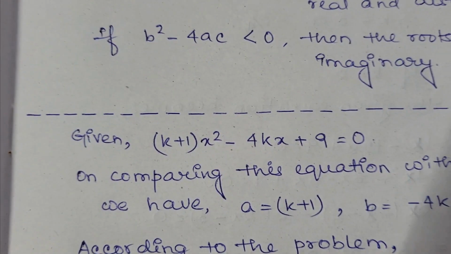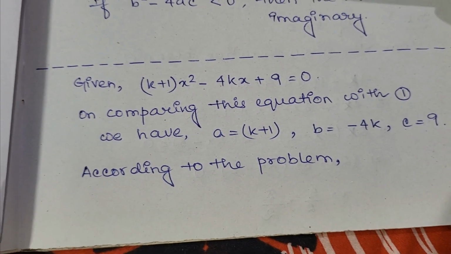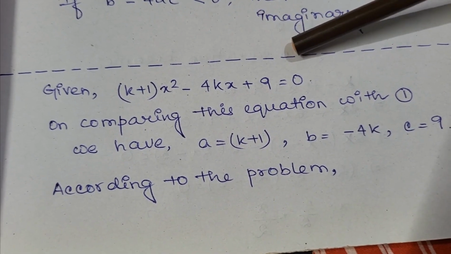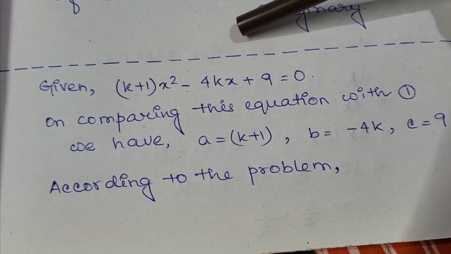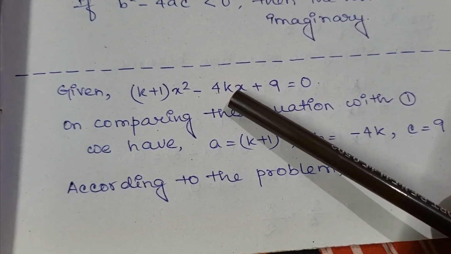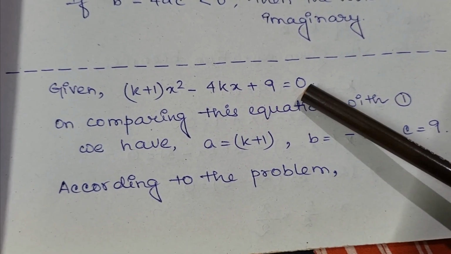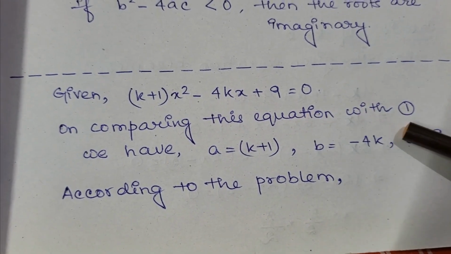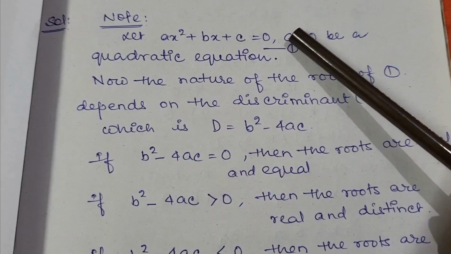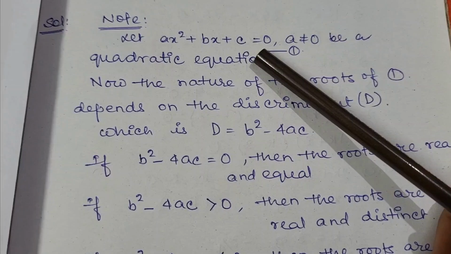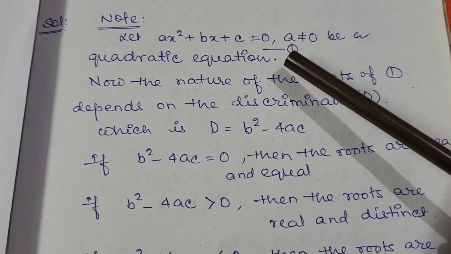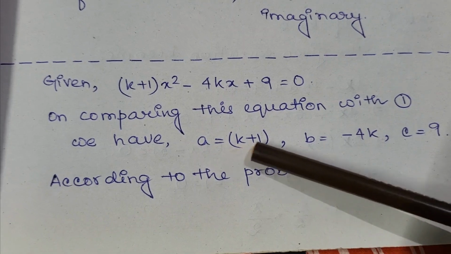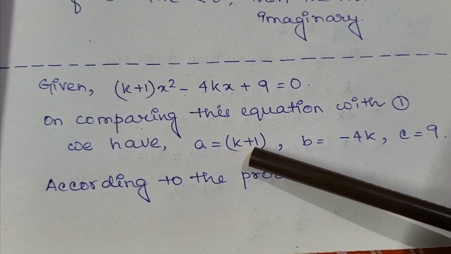So coming on to the solution. What do we have? This is the given equation, that is (k plus 1) x square minus 4kx plus 9 is equal to 0. On comparing this equation with ax square plus bx plus c is equal to 0, where a is not equal to 0, we have a is equal to k plus 1.